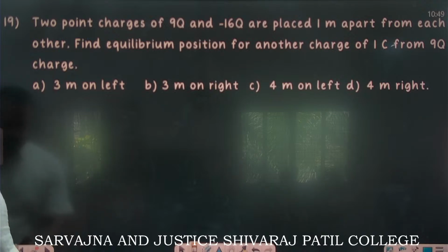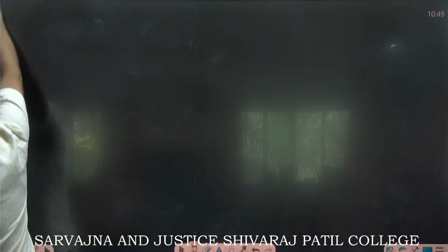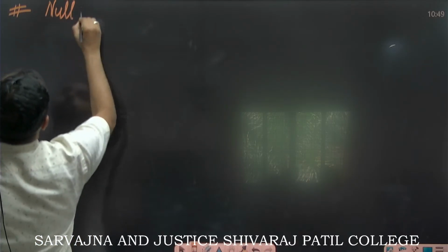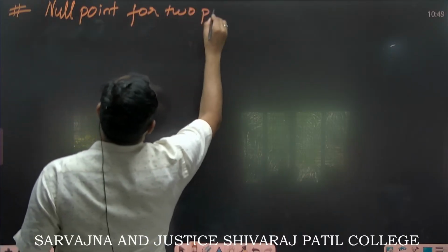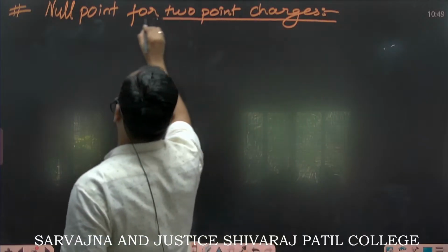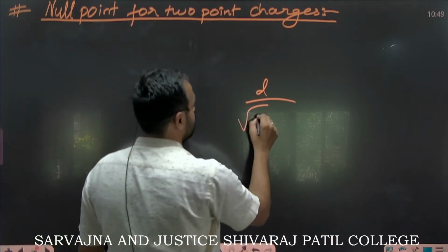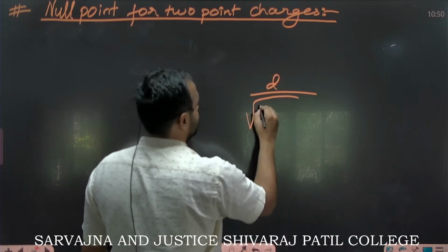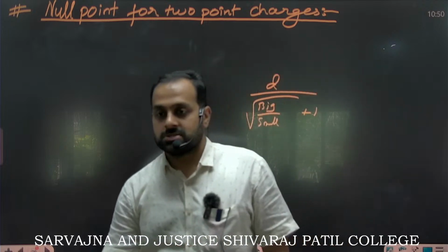Okay, now before we do this, if you remember the null point formula for gravitation, it is d divided by under root of big by small plus 1.